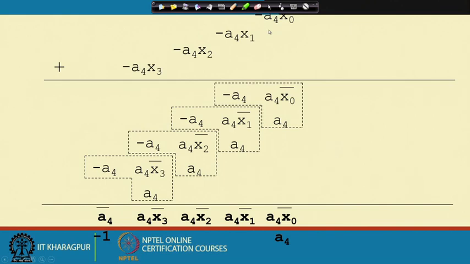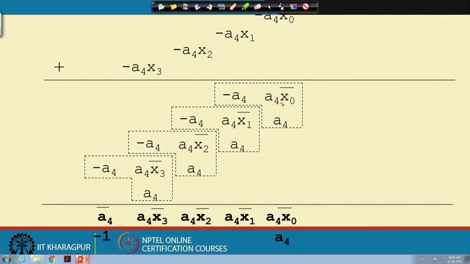That is why this particular minus A4 x0 can be represented as A4 x0 bar plus A4 minus 2 A4. For minus 2 A4, this is the position where I will get A4.